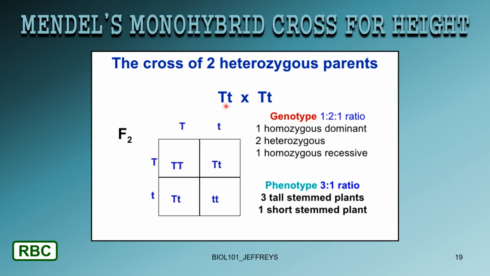And so you have big T, little t crossed with big T, little t. And it's just a simple matter of cross multiplying, if you will, right? So big T times big T equals big T, big T.